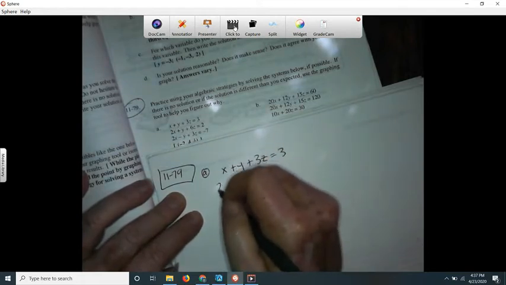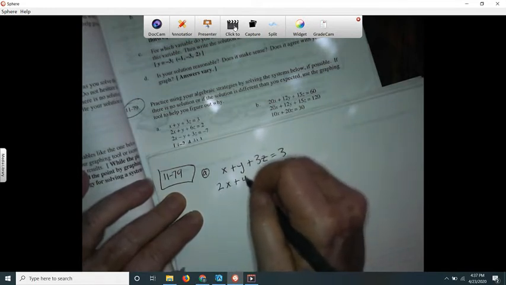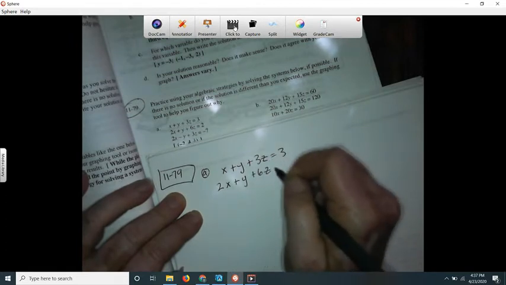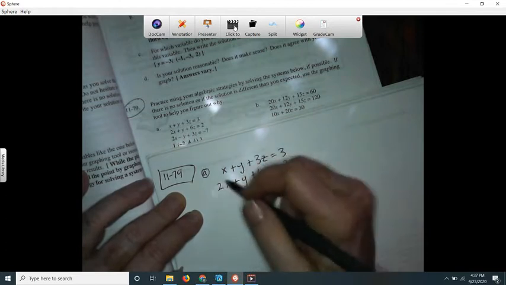I have a certain way that I always do these. I like to use elimination. Sometimes it's called linear combinations. I think you guys call it elimination in your textbook.